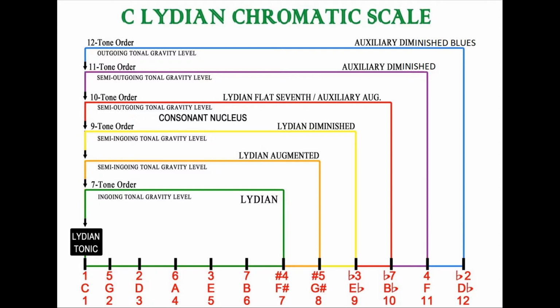So we can see there that the Lydian Flat Seventh is in red, and it belongs to the 10-tone order of tonal gravity, which is B flat, or the flat 7th degree of any key. In the key of C, it's B flat.